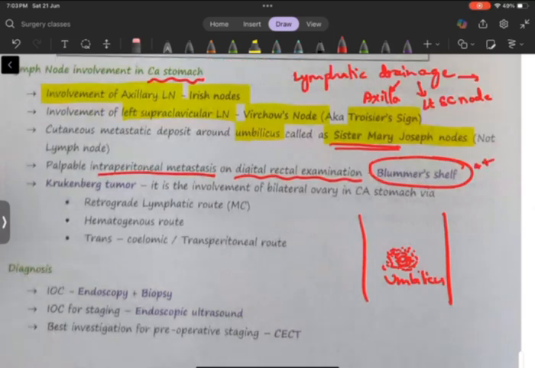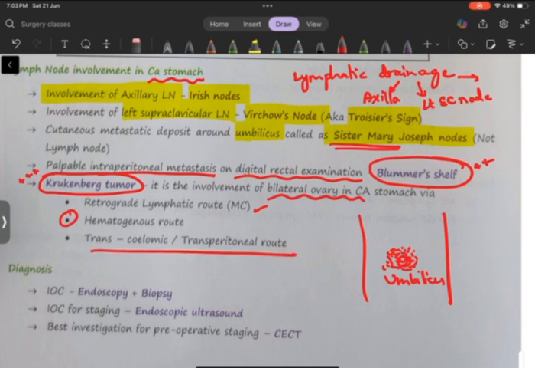In case of a female patient, the CA stomach lymphatic drainage can reach the bilateral ovary, and that is called Krukenberg's tumor. Retrograde lymphatic spread is the most common, and it can also occur by the hematogenous route, the transcoelomic or transperitoneal route. If by any one of these three routes the tumor cells from the stomach reach the ovary, then that tumor is called Krukenberg tumor.